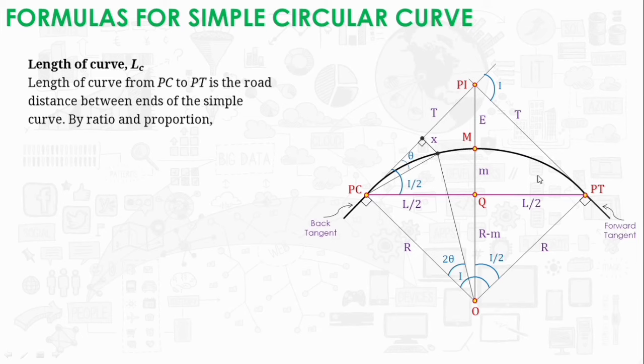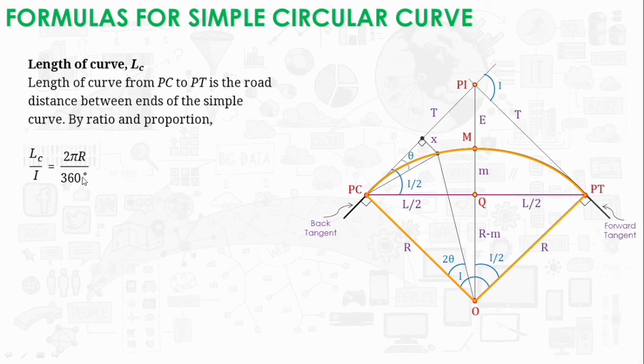So, how do we get it? We can solve the length of curve by ratio and proportion, between the whole circle and this arc. Consider this sector of the circle. By proportion, the length of curve is to I, the central angle, equals 2 pi R over 360 degrees.